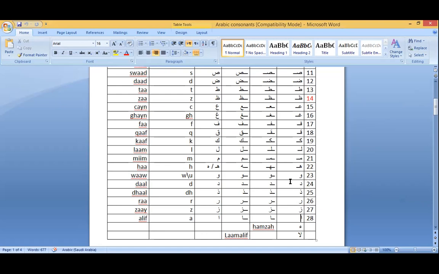You see this initial, it just looks isolated. These letters are just left the way they are. They cannot be joined with any other letters after them. You see here, here it's possible. This one is joined before it, but after them, they cannot be joined with any other letter.